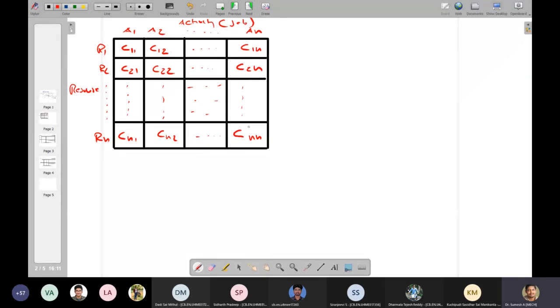In a particular row or column there will be only one assignment. Multiple assignments are not possible in the assignment model. So I can write the column here as available.